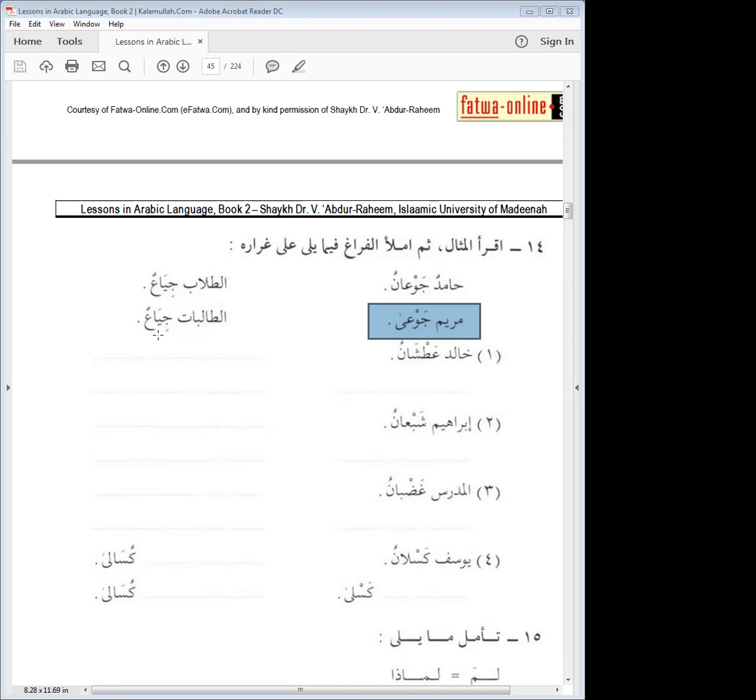And for the plural, it is sukun on the first letter, fatha on the second letter, alif, and then the tanween on the third letter, right? The alif and noon drop out. Any questions? Is that clear with everybody? Fine.